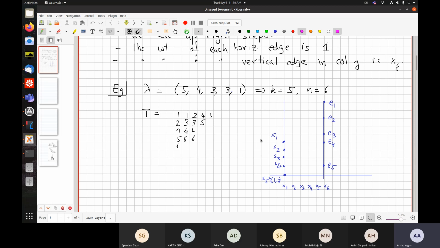I'll first have two vertical edges at line x equal to 1. Then I go to the one vertical edge at line x equal to 2, one at x equal to 4, and one at x equal to 5. And then the remainder I fill. I don't have choices.